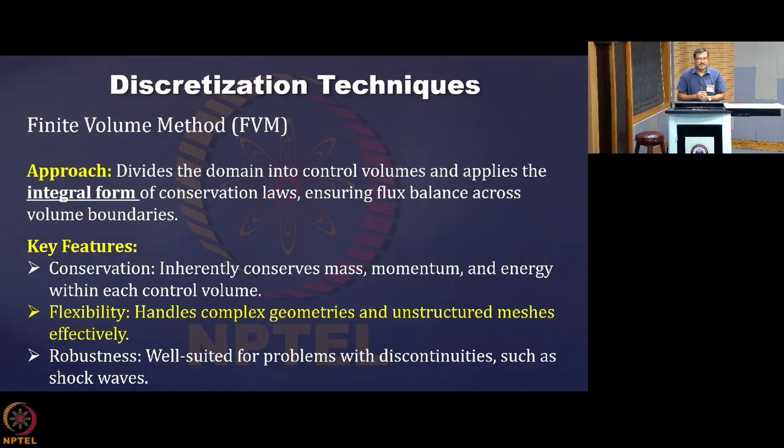Conservation of mass, momentum, and energy are inbuilt in such a system because of the particular nature of the integral form of conservation laws, which balances the fluxes across the volume boundaries, and it can handle complex geometries, unstructured meshes, and systems with discontinuities as well. Okay, so this is the second one.